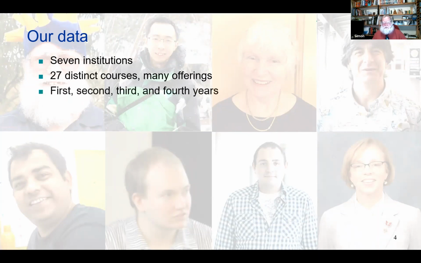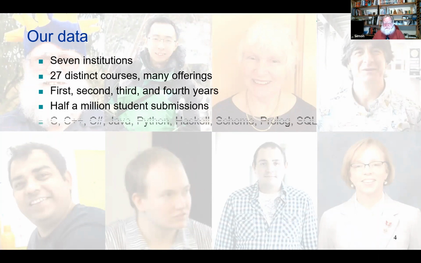Okay, we've got 7 institutions between us. We cover 27 distinct courses, most of them many offerings of the same course, covering first, second, third, and fourth years of study. Altogether, we've got about 500,000 student submissions, which is way more than we can reasonably process, so we are having to be somewhat selective.